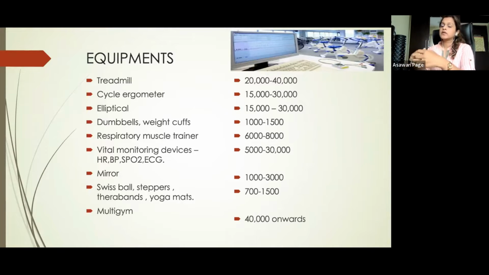So that's again one of the investments that you really have to think of. You need to have a crash cart with defibrillator, a suction machine, and basic dressing materials, first aid material, along with the stretcher. All these things you need to handle an emergency at your center, so that you can stabilize the patient right there. And of course, the employees should be well qualified for the same.